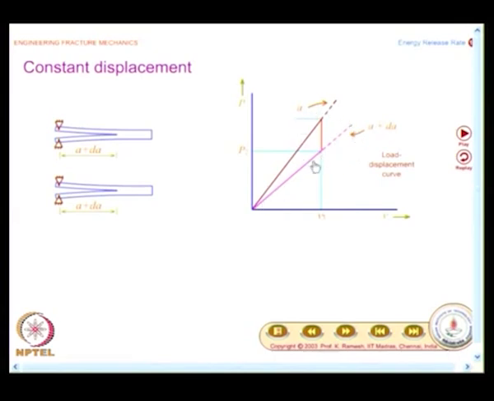Make a sketch of this also. Here again we will find out in what way the strain energy changes. We will look at the final strain energy and the initial strain energy, and comment on what happens to the strain energy in this case.